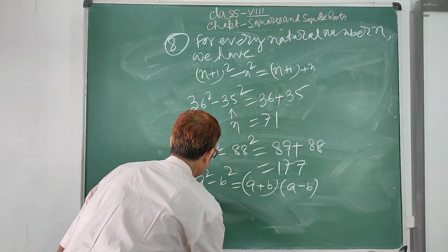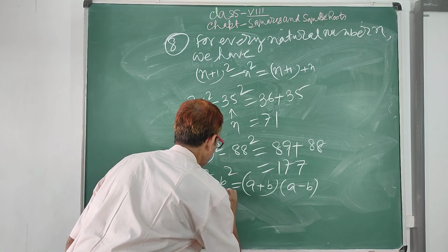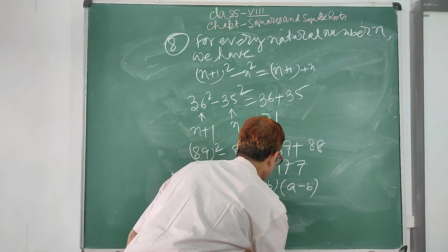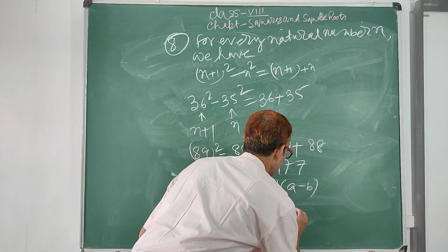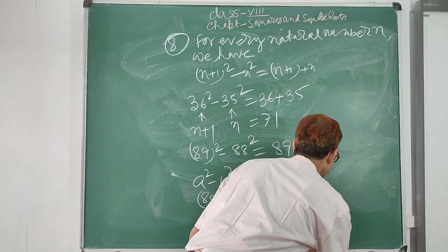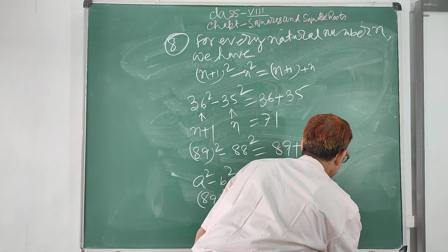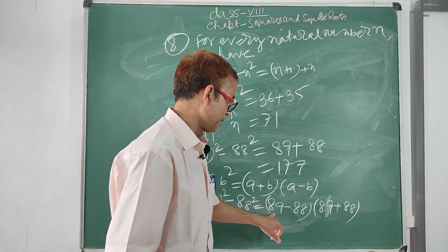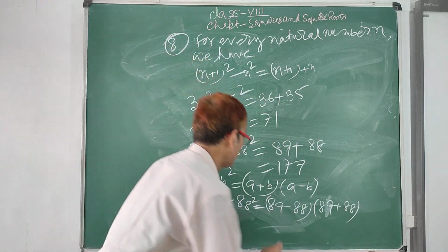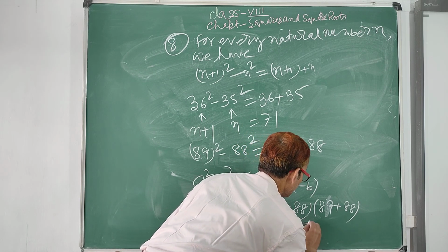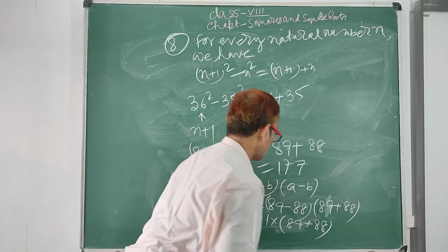Here 89 whole square minus 88 whole square is equal to 89 minus 88 into 89 plus 88. 89 minus 88 is 1, so the result is 89 plus 88.